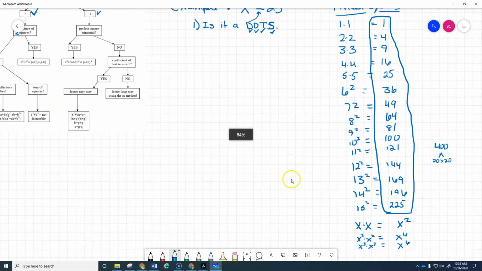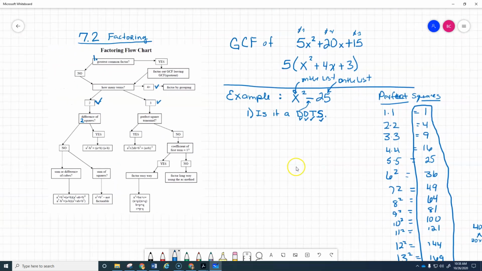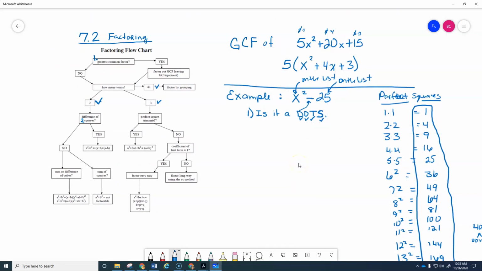All right, so now that we've determined that it is a difference of two squares problem, if the answer was no, then actually, for our purposes, this right here doesn't happen until after Christmas. We won't do this until after Christmas. So maybe I shouldn't put an X through it. Let's just say stop right here.